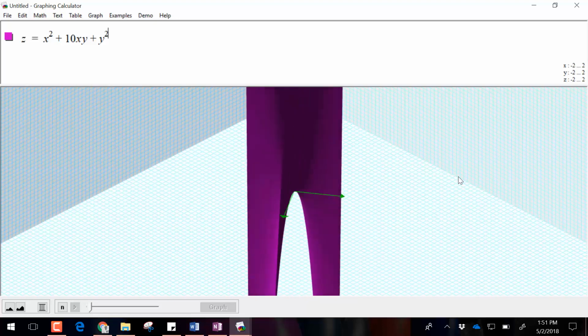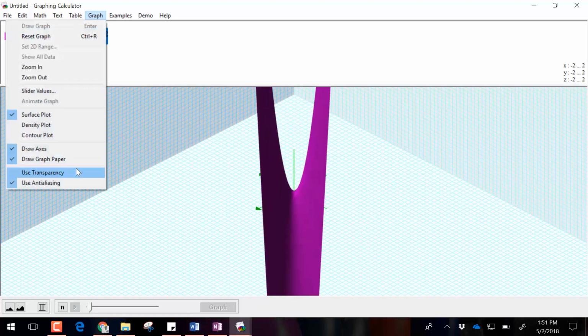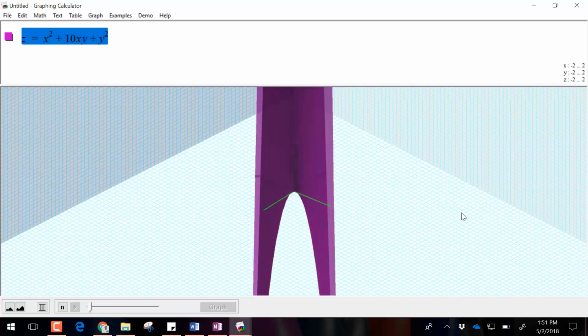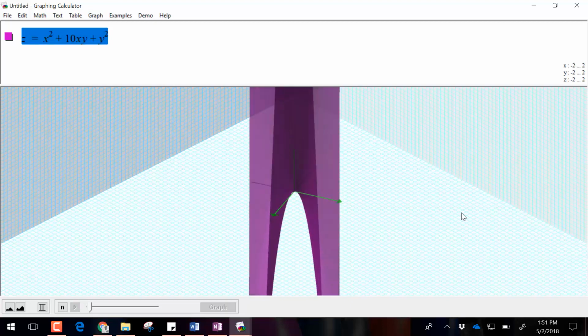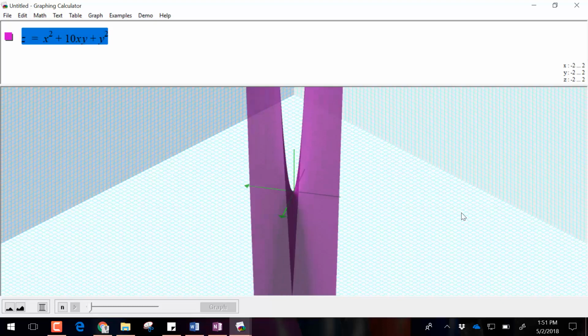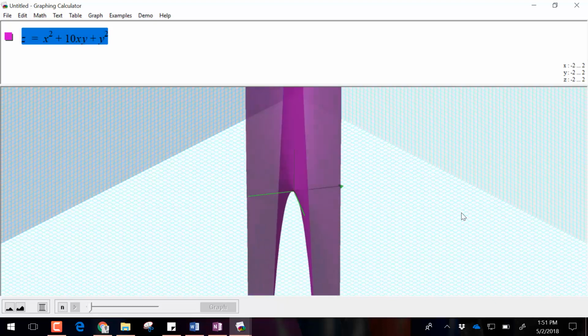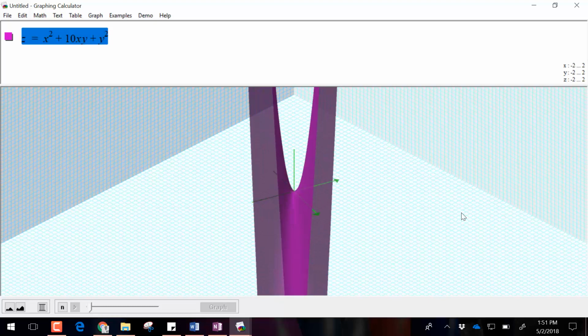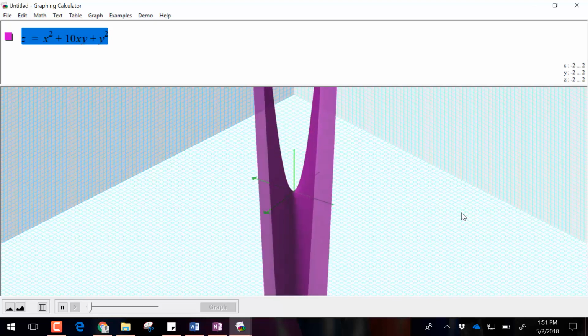So it is a saddle, and it follows our conclusion from that theorem. We had our eigenvalues: one was positive 6, the other one was negative 4, and so we would expect this to be an indefinite form.